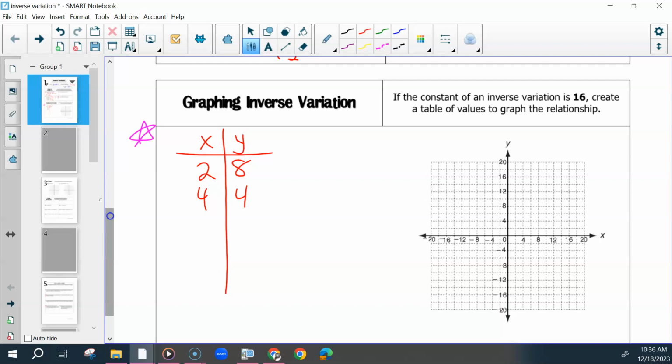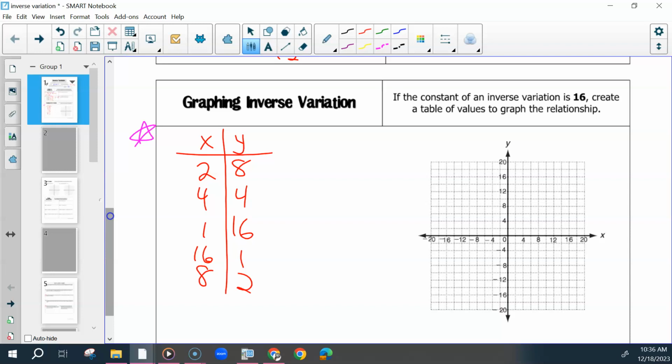There's another. So make it whole numbers. One that everyone misses. 1 and 16. And then we're also going to take these two and flip them. So 16 and 1 and 8 and 2.